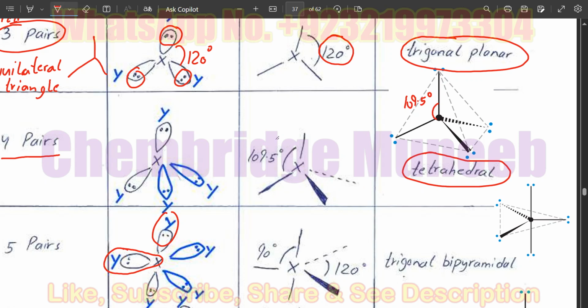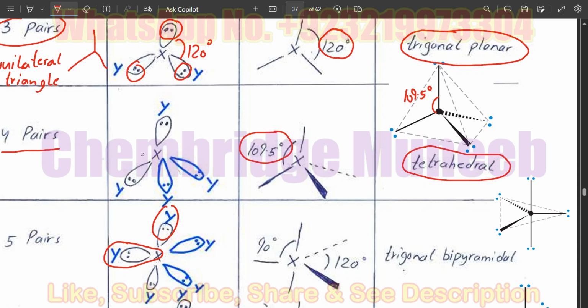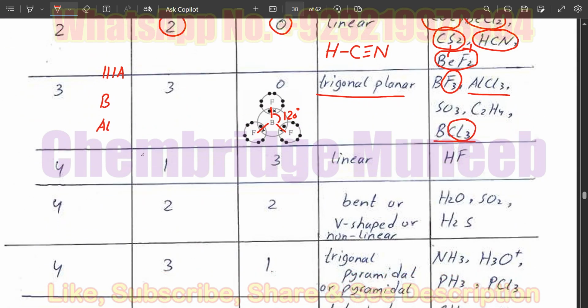So that's what you have to learn. Can you give me an example in which the central atom has 4 bonding pairs? CH4. Methane. Yes, methane, CH4.